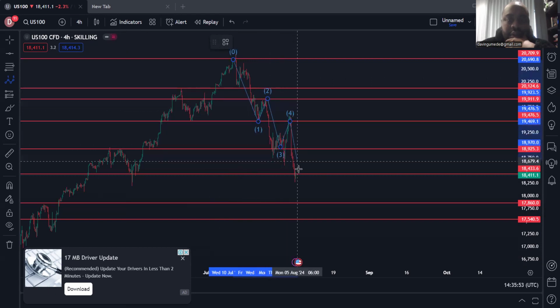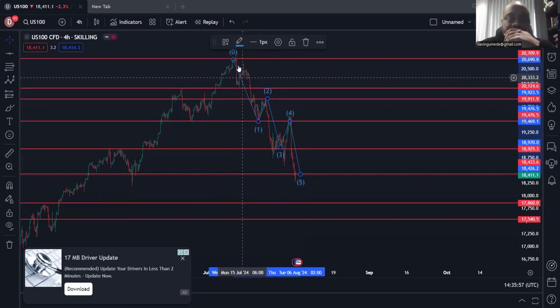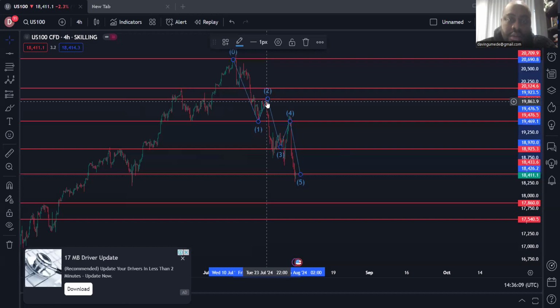As you can see, bringing out the Elliott tool, we can see lower high, lower low, lower high, lower low, lower high, lower low, the market trend just pushing through.